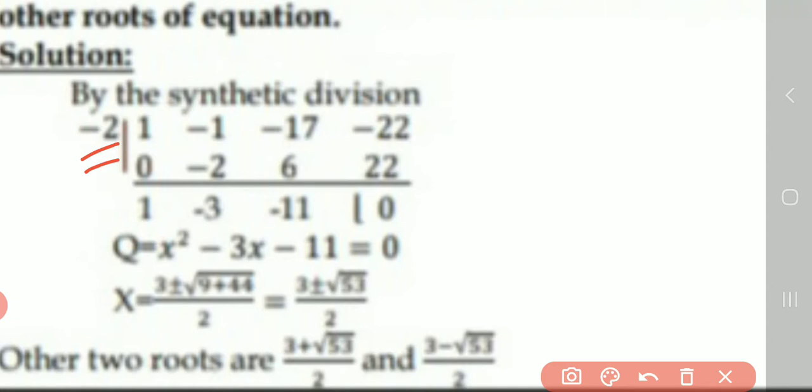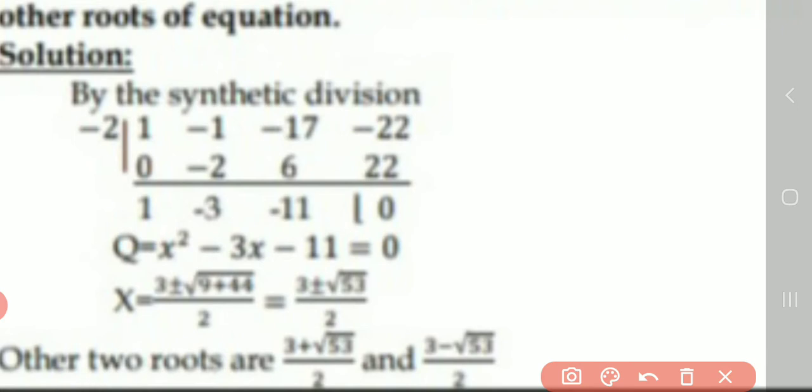As usual, synthetic division: put −2, bring down 1, and −2 into 1 is −2, then simplify to get −3. Then −2 into −3 is plus 6, which simplifies to −11. Again, −2 into −11 is plus 22, and simplifying, the remainder is 0.